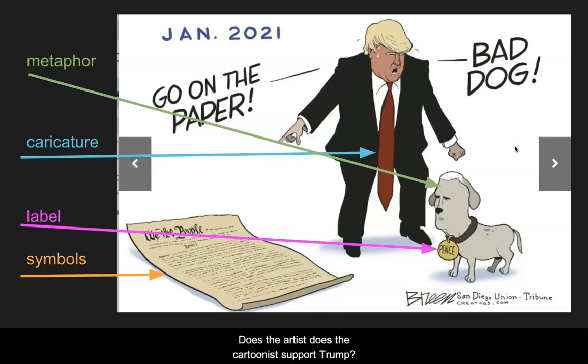Does this cartoonist support Trump? No. Clearly, this cartoonist doesn't support Trump, and specifically the events in January. This cartoonist sees that as something that Trump orchestrated or commanded.